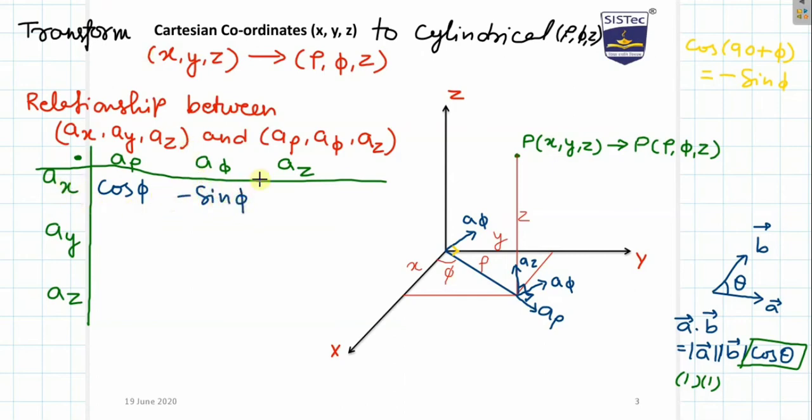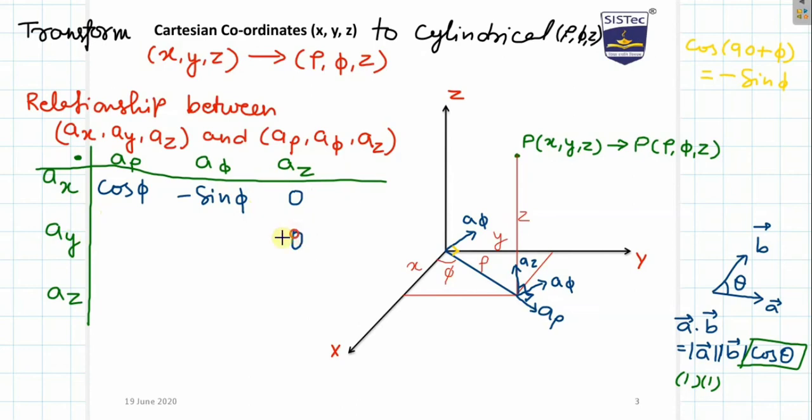And ax dot az: the x and z axes are mutually perpendicular to each other, so the angle between them is 90 degrees, and cos of 90 is 0. So we write ax dot az as 0. Similarly, ay dot az is also 0.